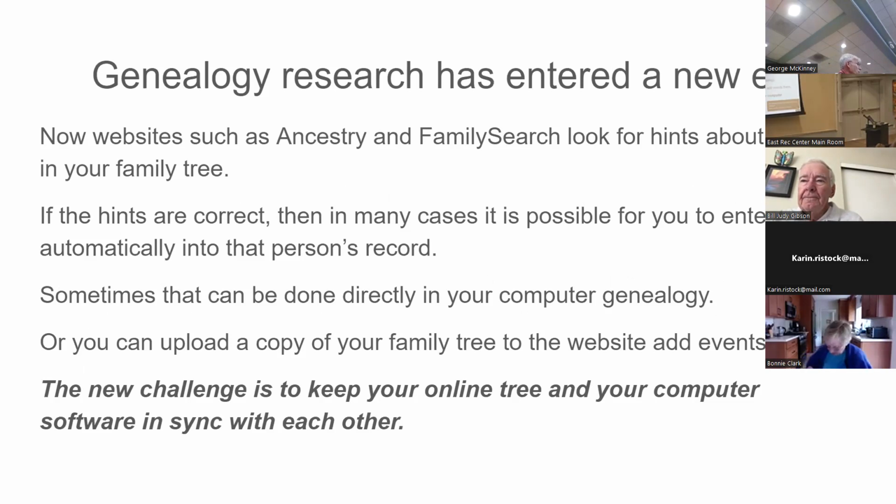You want to look at them? Sure. Now, if the hints are incorrect, it is increasingly possible to automatically add them to the tree on that website. We'll look at that in a minute. And sometimes you can do it directly into your computer program.